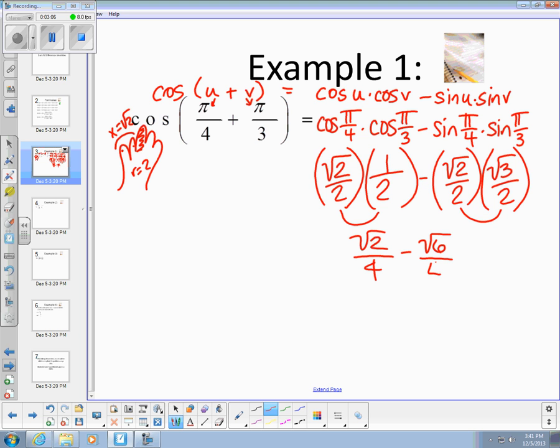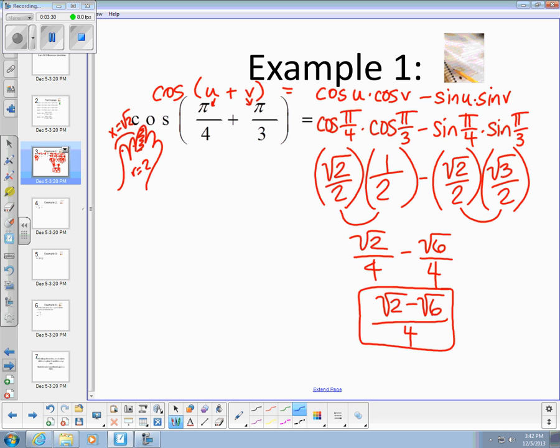On the bottom, I'm going to get 4. They have a common denominator, but I can't subtract square root of 2 minus square root of 6 because the radicands are not the same. The radicands are the numbers under the radical. But I can write this as one fraction. So square root of 2 minus the square root of 6, over 4, would be my answer.